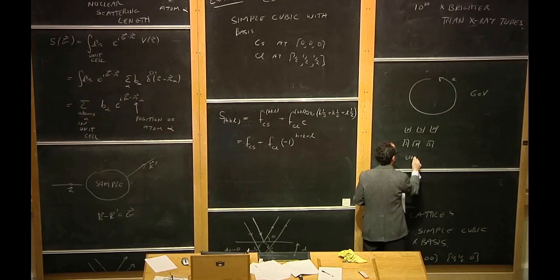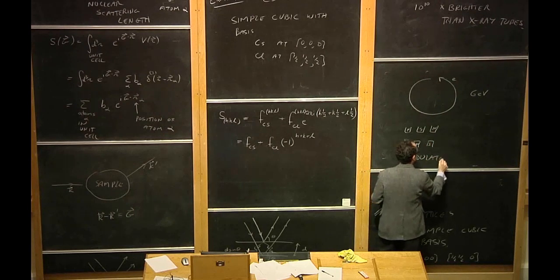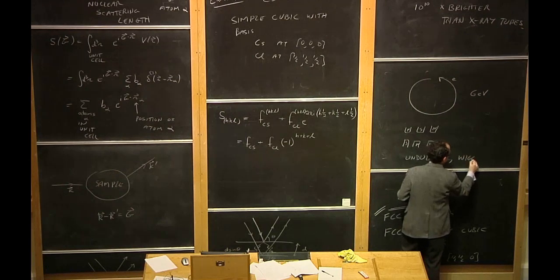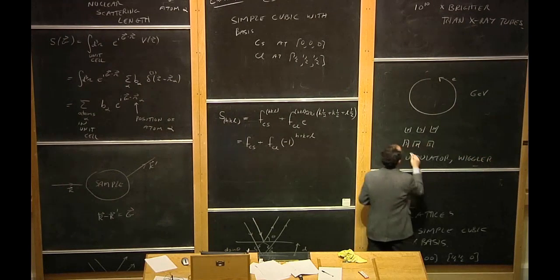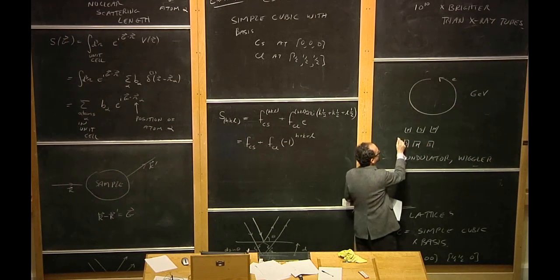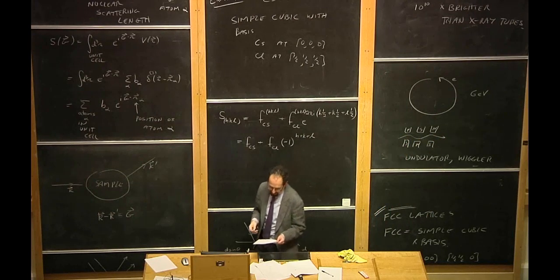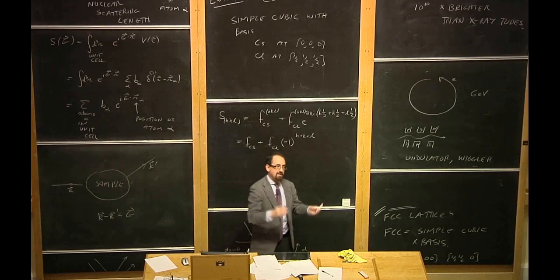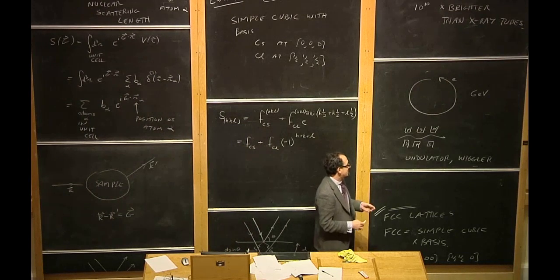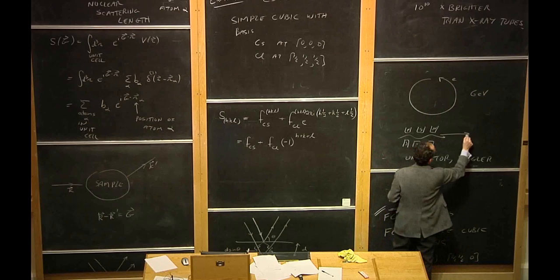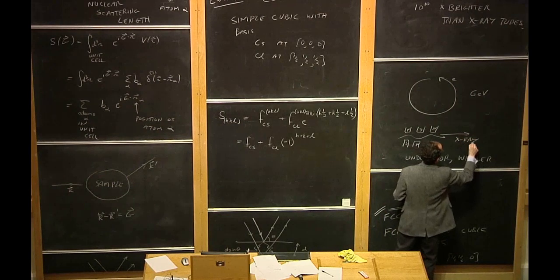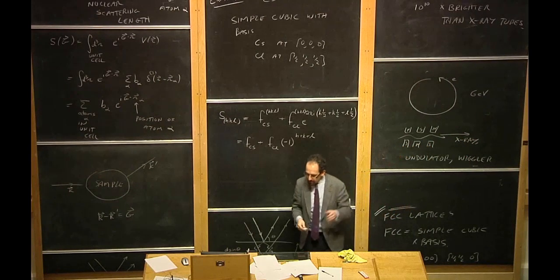This is known as an undulator, or a wiggler sometimes. The electrons go through very fast, and you make them accelerate. As you know, accelerating electrons emit radiation. In this case, they emit directed X-ray radiation, which is extremely collimated, with an extremely well-defined frequency.